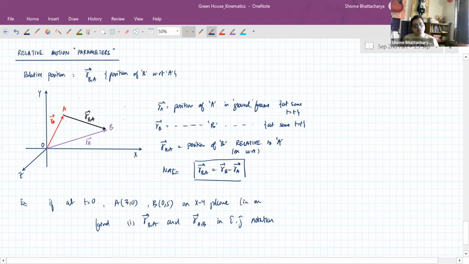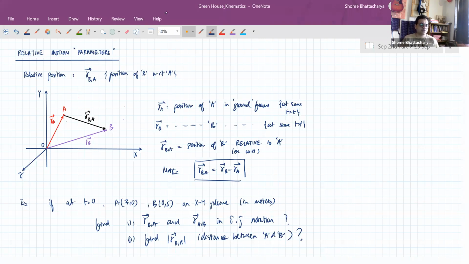These coordinates are given in meters. And from that, find the distance between A and B. Just note down this definition and then try this out.